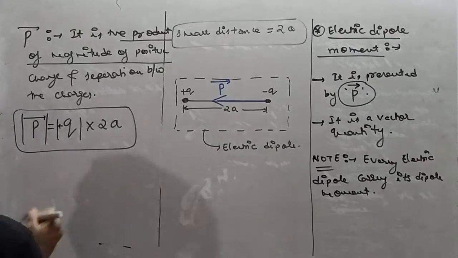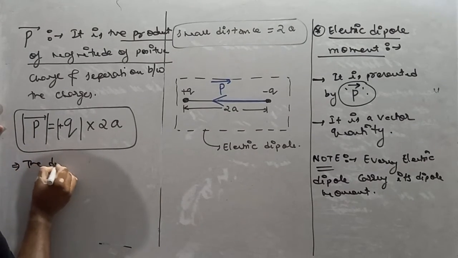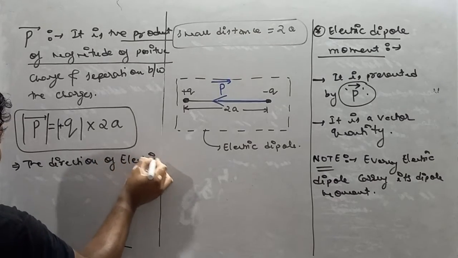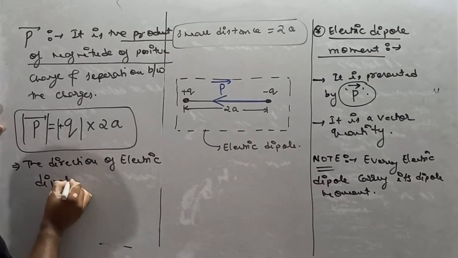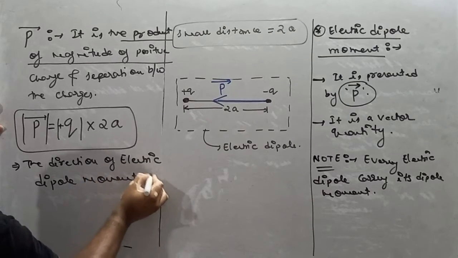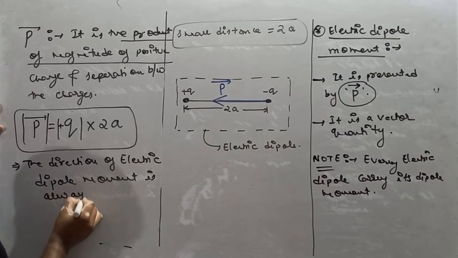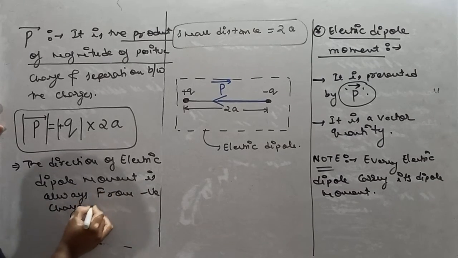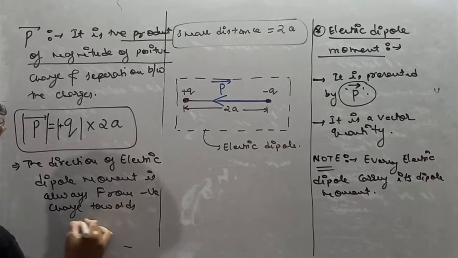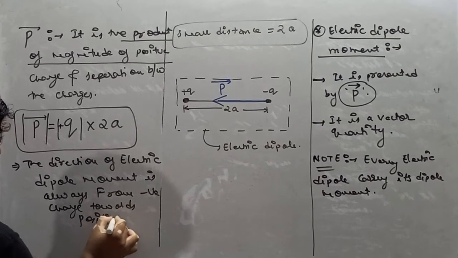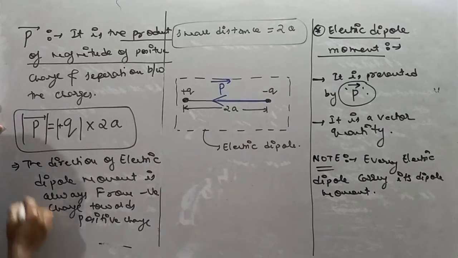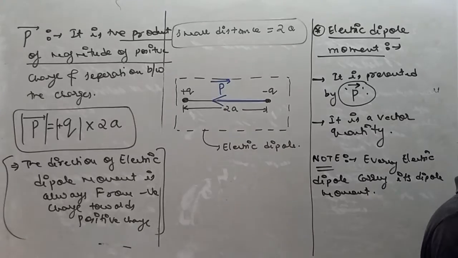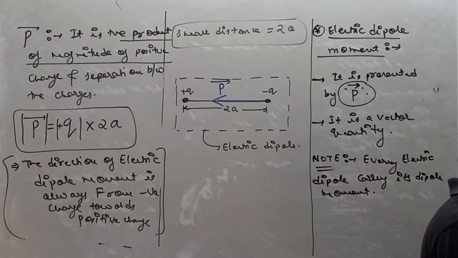So I'll write here: the direction of electric dipole moment is always from negative charge towards positive charge.